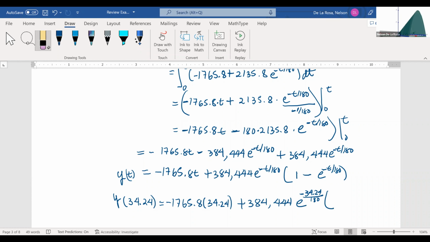here we don't have an exponential, so here the exponential is not common factor. So we have just 384,444, which is the common factor. I'm going to now shade it in blue.